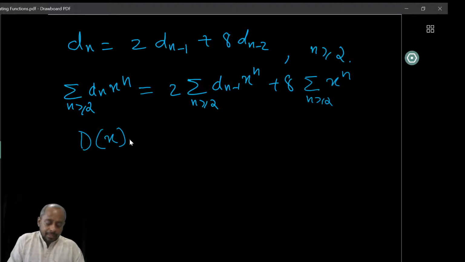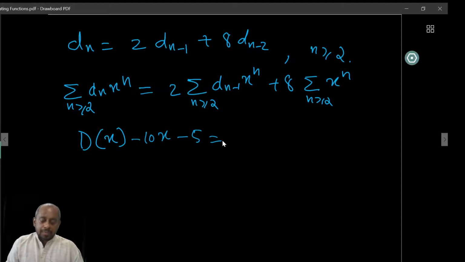Then we have the first 2 terms missing, which means that we have to subtract d_1, which in our case is 10, so minus 10x, and minus d_0, which is 5. Now this is equal to 2 times, there is an x which is additional, you can take it out.